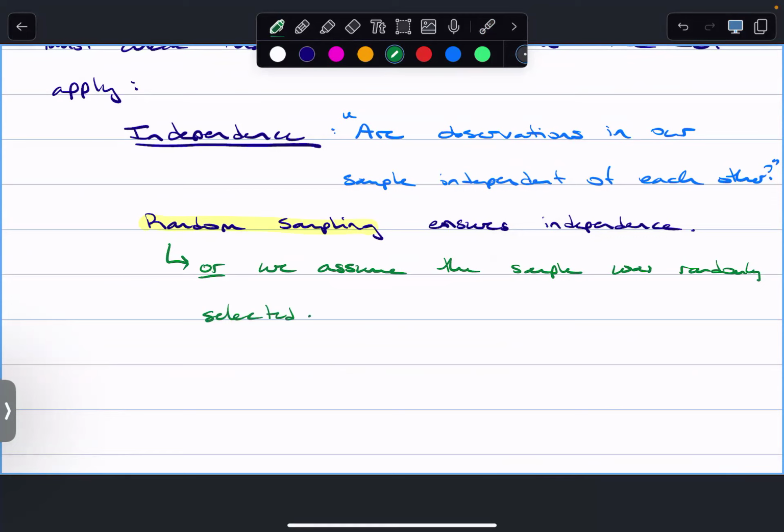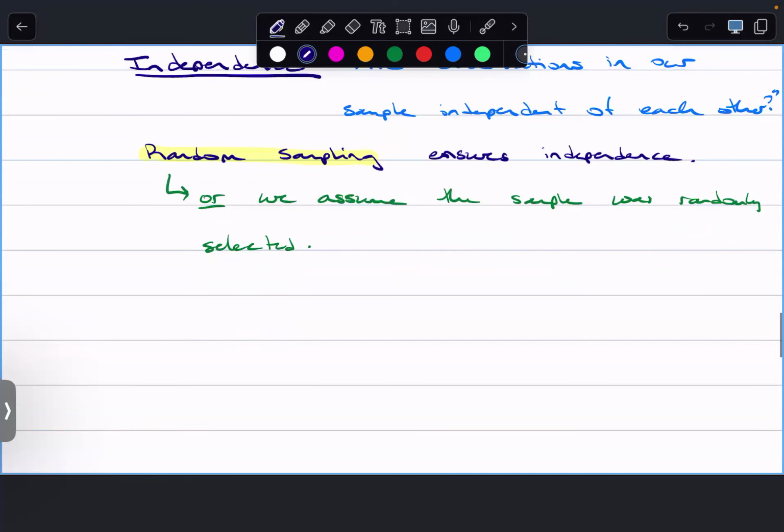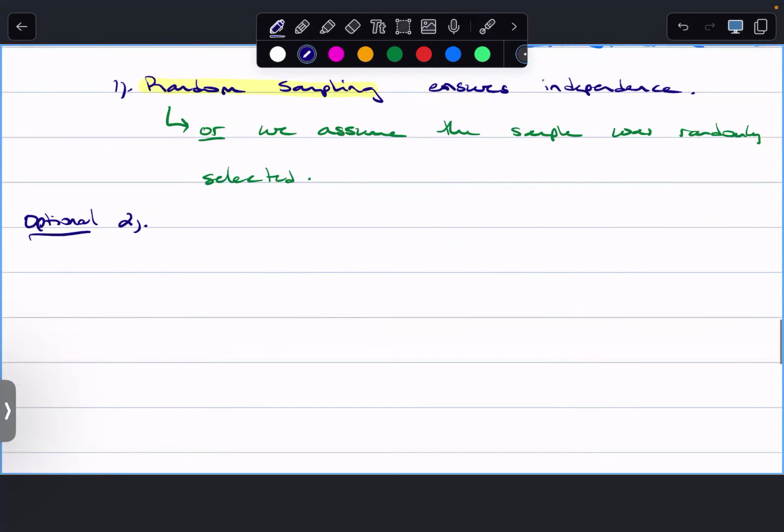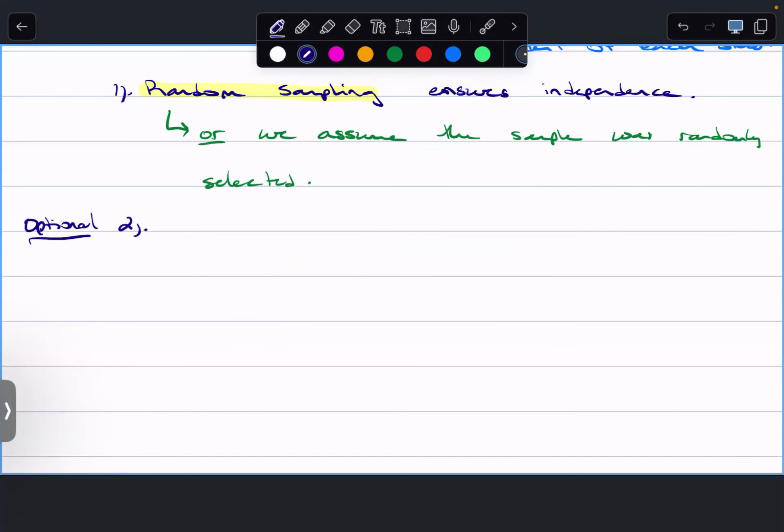The ultimate goal, though, is to have a representative sample, and that's why we do random sampling. That's why we have to check for independence. This second criterion is kind of optional. I'm going to skip it sometimes because it's just as ridiculous as what I'm gearing up for.